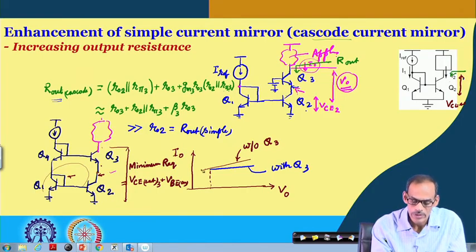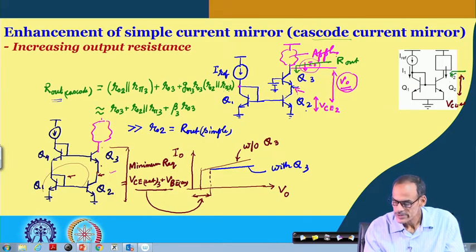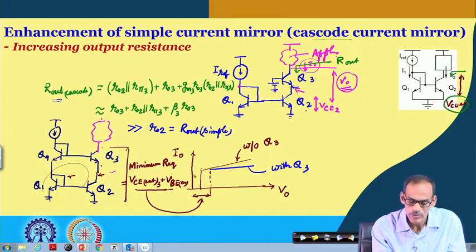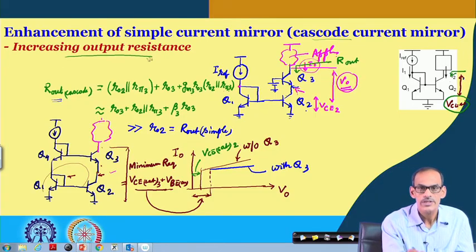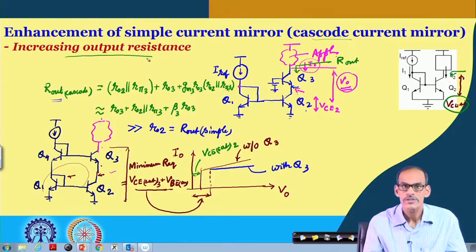So, that is the only limitation: we have a requirement of VCE set plus VBE on, whereas for this circuit we require only VCE set of transistor 2. That is how we can increase the output resistance and get less dependency of the output current on the output voltage.